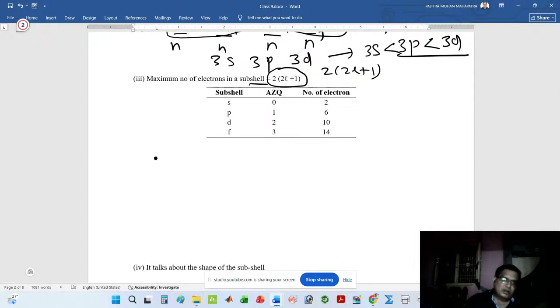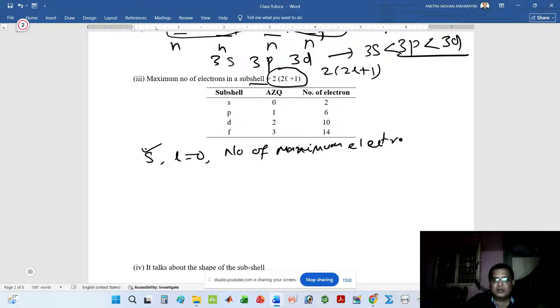Here we know that for the S subcell, the L value is 0. Now we want to find the number of electrons present in the S subcell. For finding the maximum number of electrons in a subcell, we put the value of L equal to 0. The maximum number of electrons is equal to 2 into (2L plus 1).